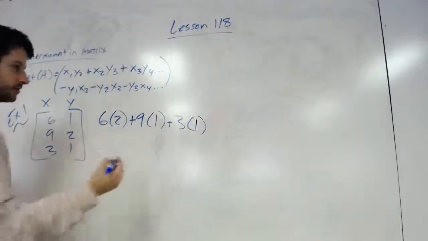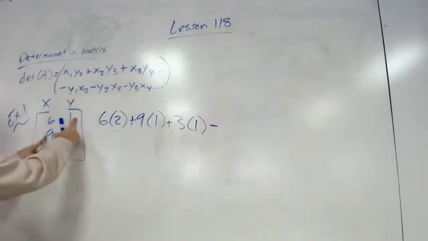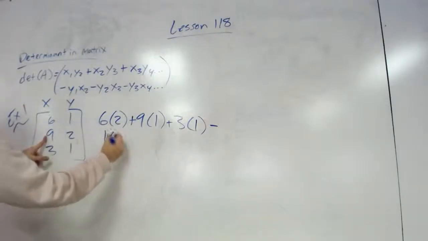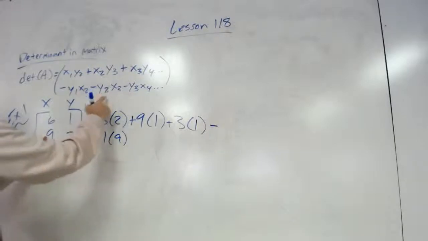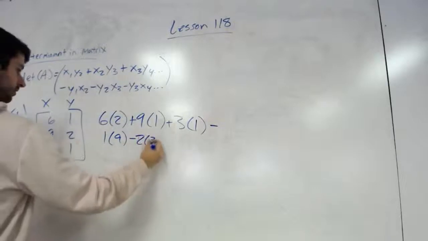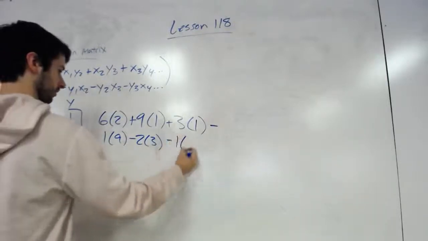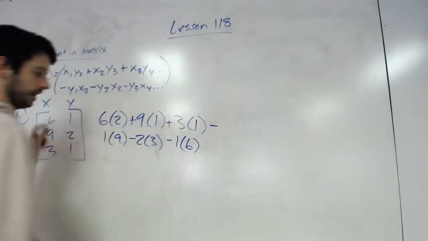Then you subtract y of 1 times x of 2, y of 2 times x of 3, and then y of 3 times x of 1. And now I can solve.